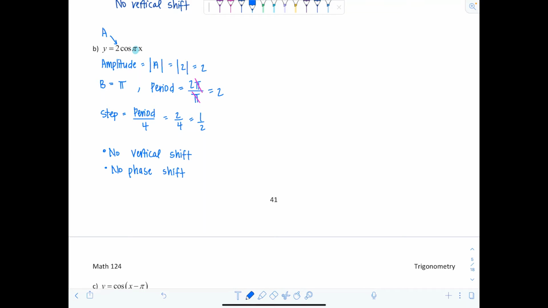All right, so time to start building our graph. The step in this case is 1/2 and the amplitude is 2. So here's our x-axis, here's our y-axis. We always start with 0 being our first x value if there's no horizontal shift. Well, let me straighten this guy out.